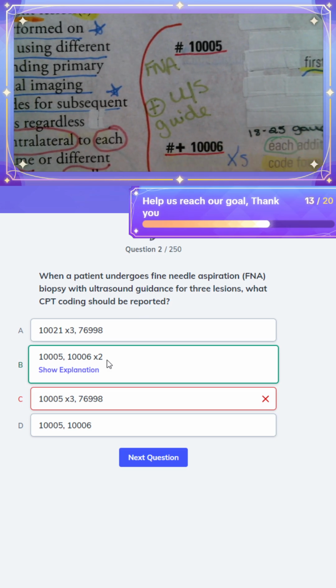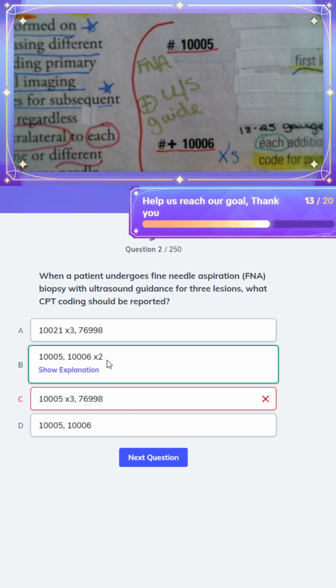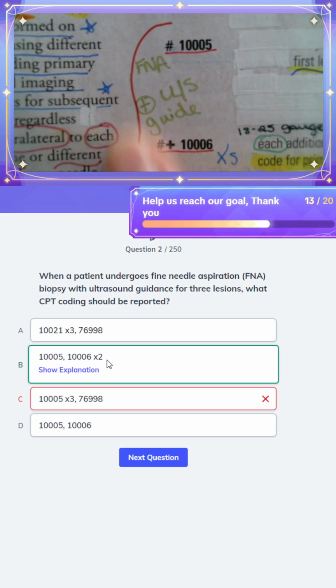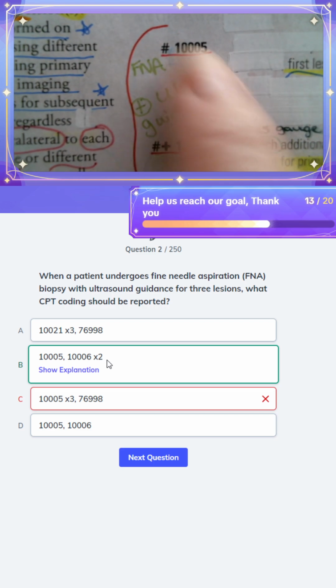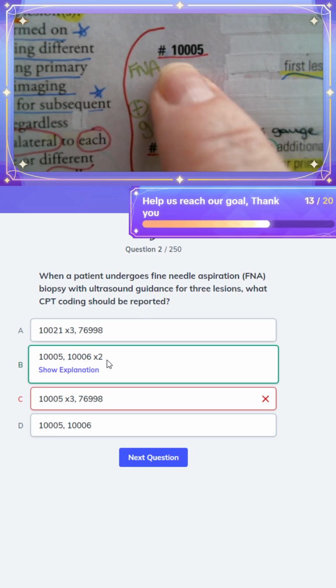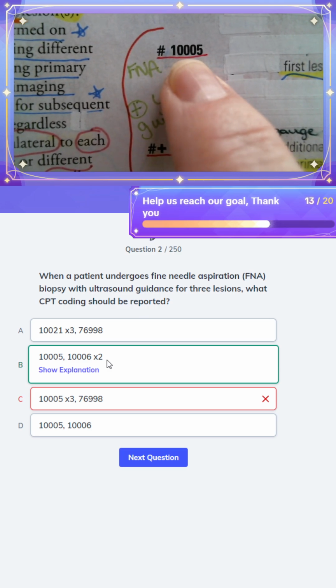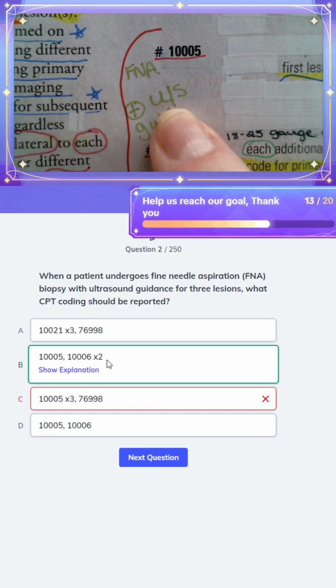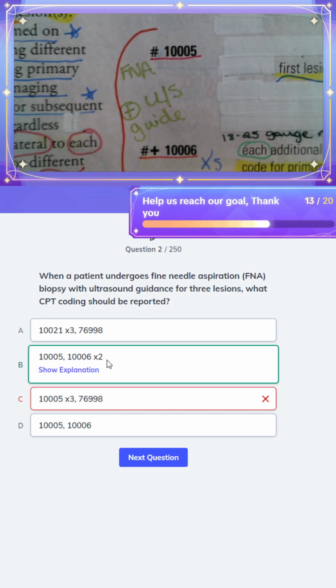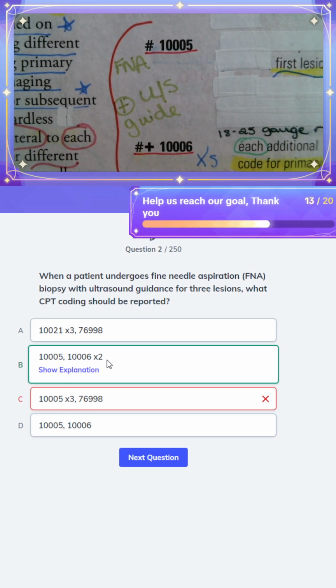And I have notes that you can take and you can purchase and you can copy down page by page, my notes. And if you'd had them, you would know that the 10005 includes ultrasound guidance, and you would not add anything from the 7000 section.